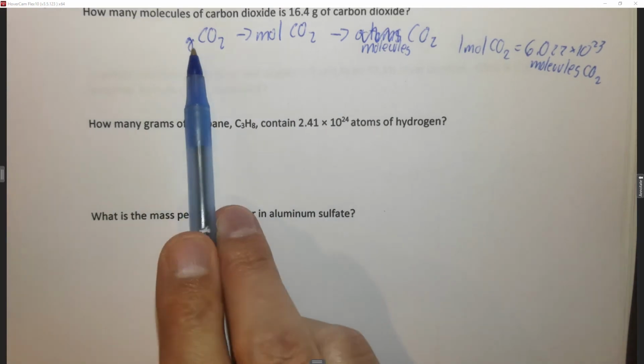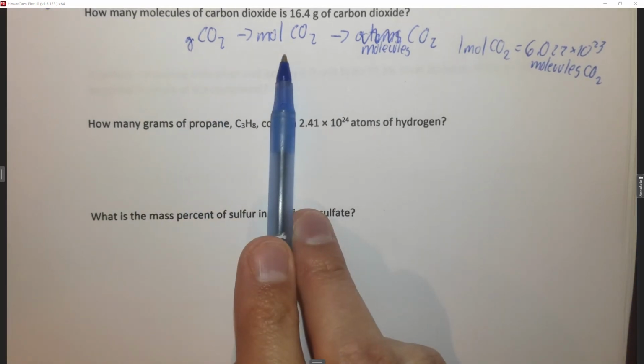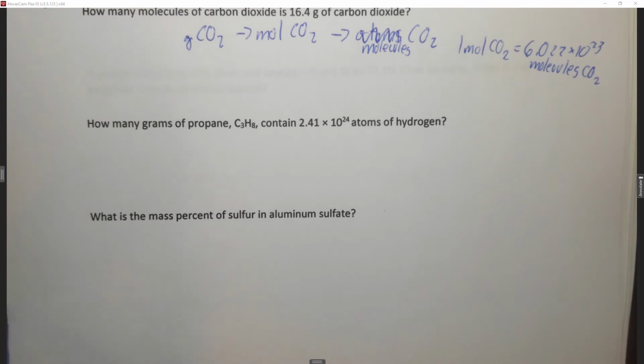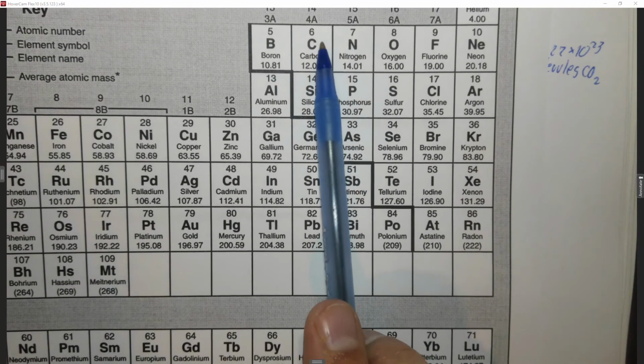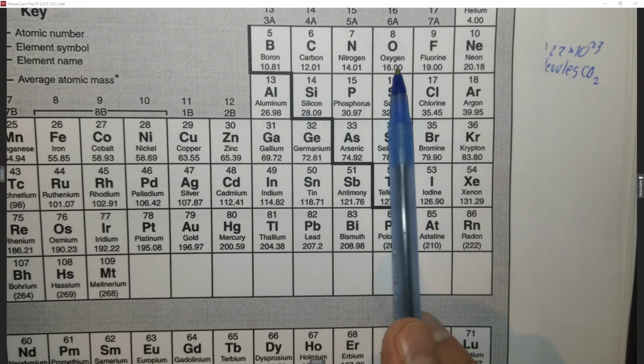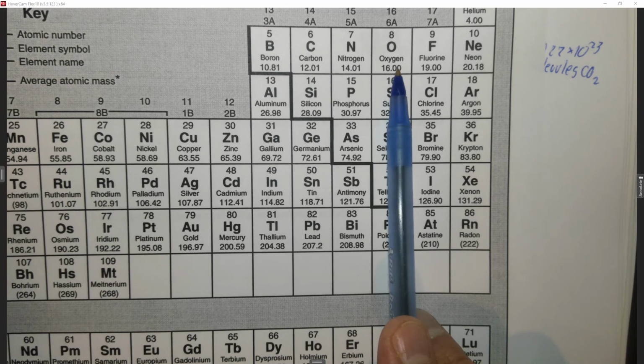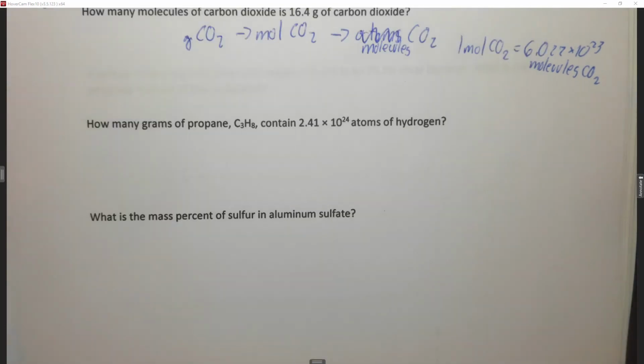To go from grams of CO2 to moles of CO2, we're going to use the molar mass. You can do this two ways. You could Google the molar mass of CO2, or you could just calculate it here: a carbon, 12.01, plus 2 times 16.00, which gives you 44.01. It's a small molecule, so it's not that hard to calculate.